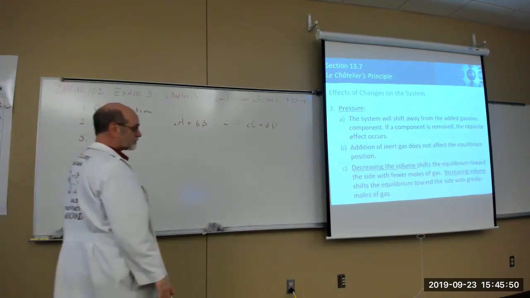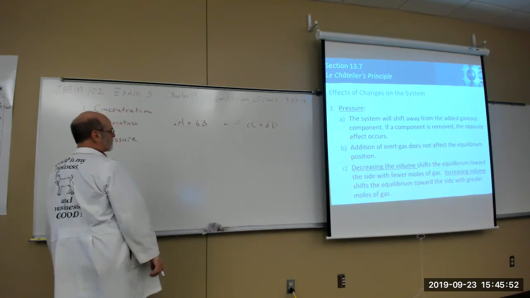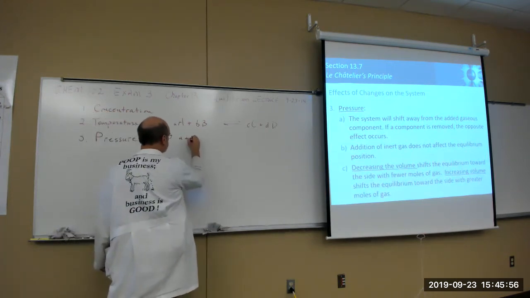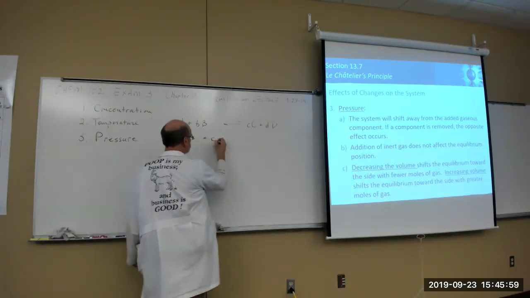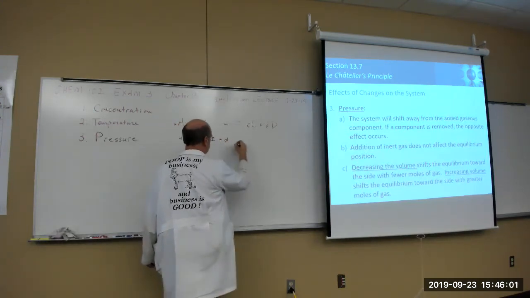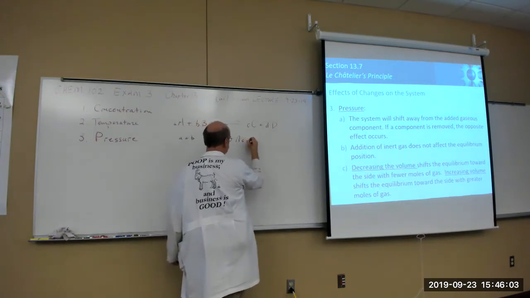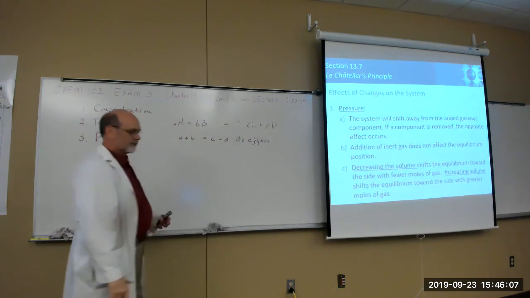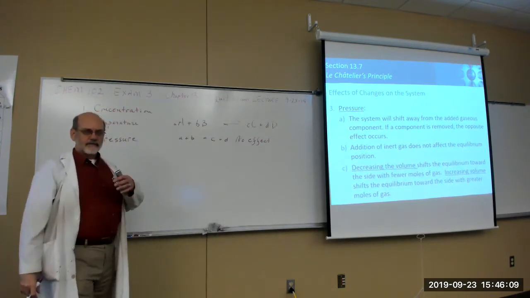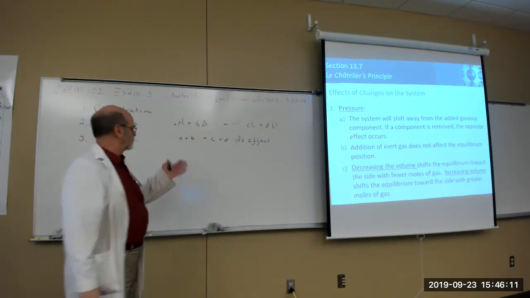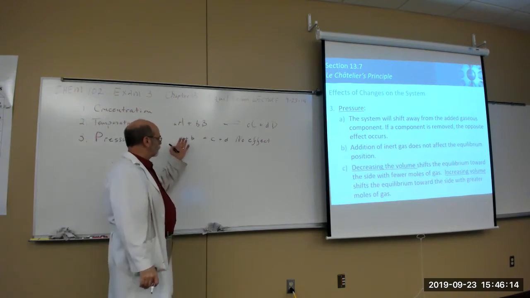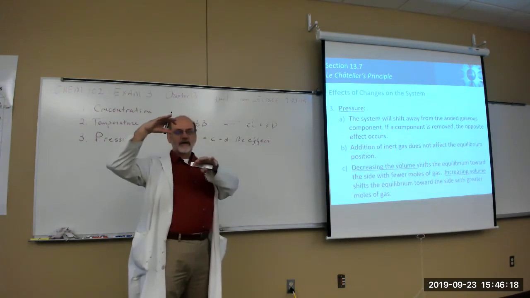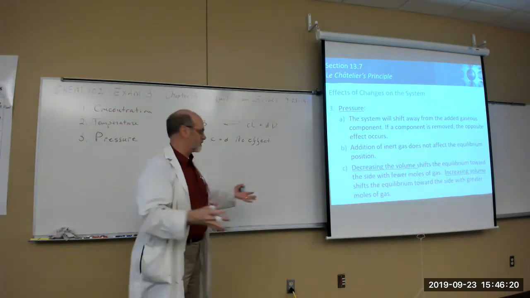Well, if the system is such that A plus B equals C plus D, no effect, because there's no change in pressure. You've got the same number of moles of reactants as moles of product. That means there's no change in pressure.